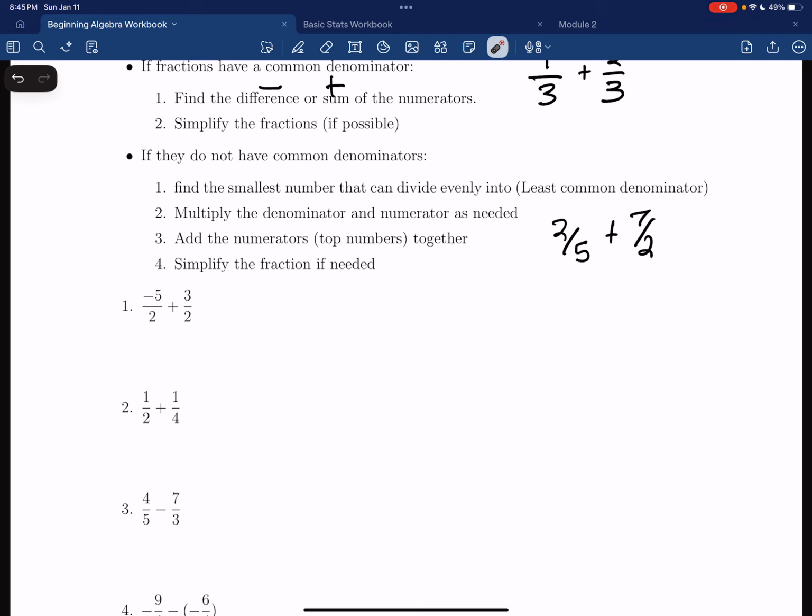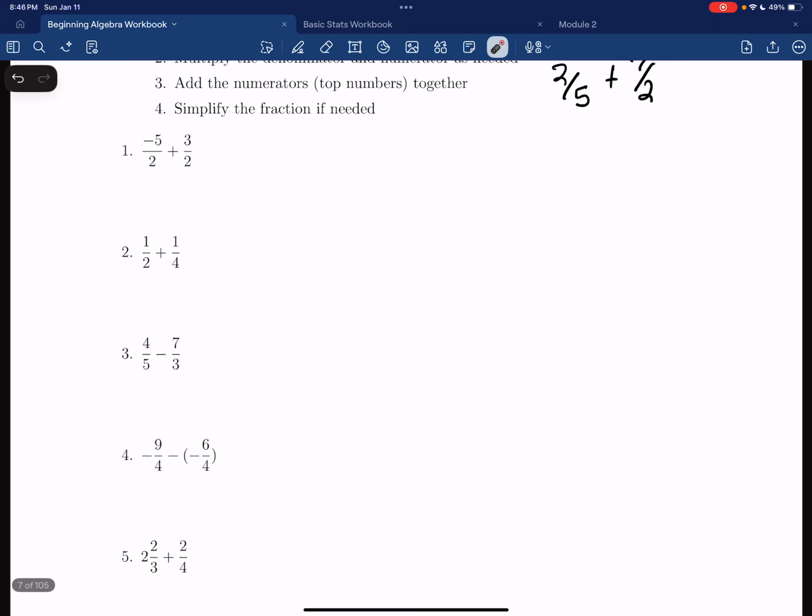And then you're going to have to multiply the denominator and numerator as needed. We'll go through the steps along with some examples, so these steps will make more sense. But for now, we're just walking through it. Add or subtract the numerators together, and then, if we need to, we can simplify our answer.